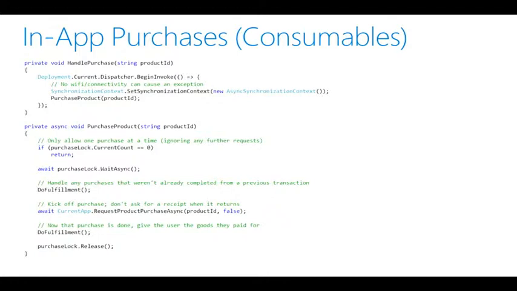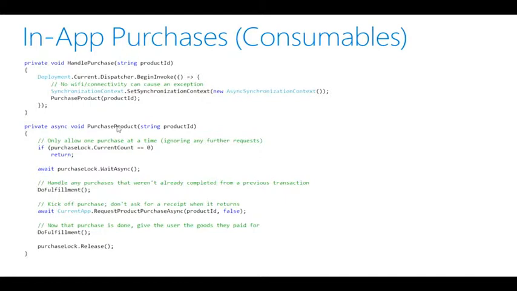And then if you don't have Wi-Fi or connectivity, you'll get another exception, which won't be very informative. And know that basically setting the synchronization context is important, or handling those exceptions, because it'll crash the app otherwise. Even though Unity has at the highest level an exception handler to catch those, it still crashes the app. So just want to make a note of that.